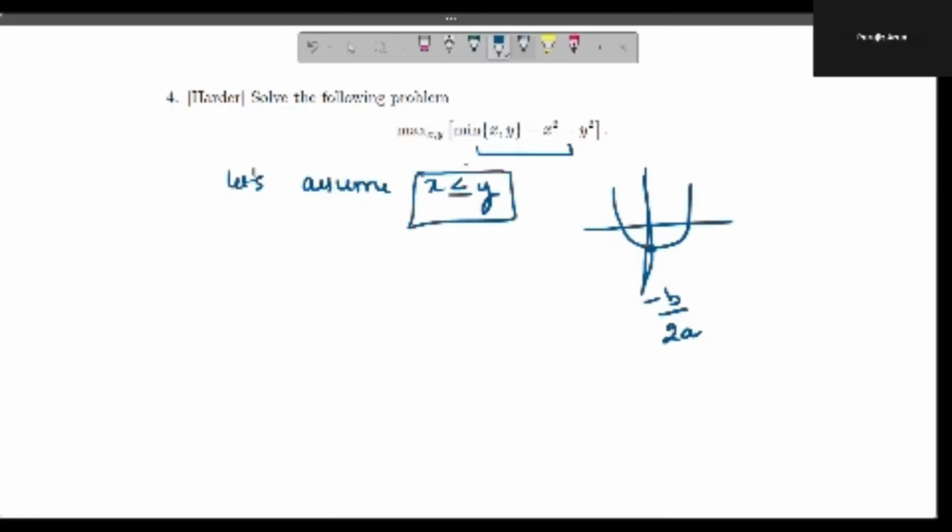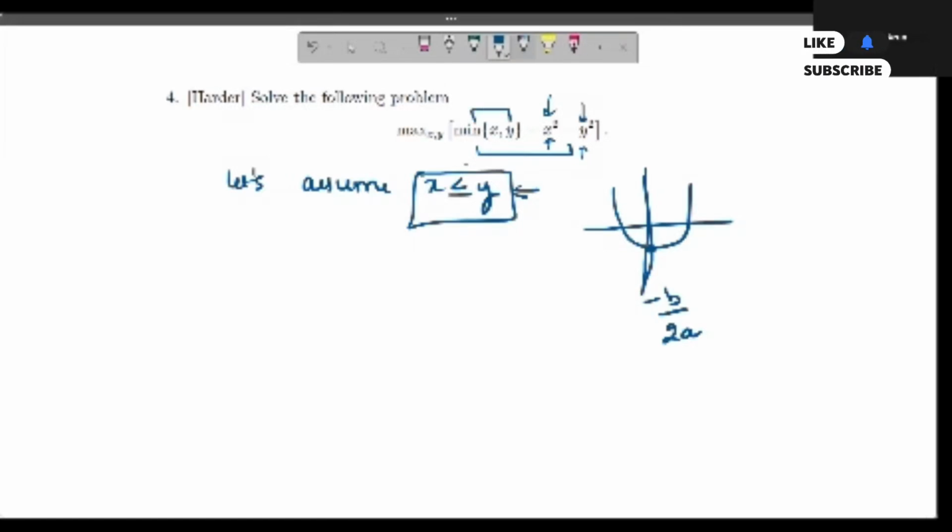You can see that x square, y square are given as the main function's highest power. So this is a parabolic function. Now, if you can't assume it, then let's do it the other way.